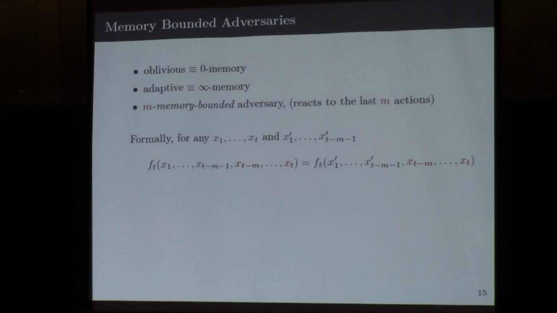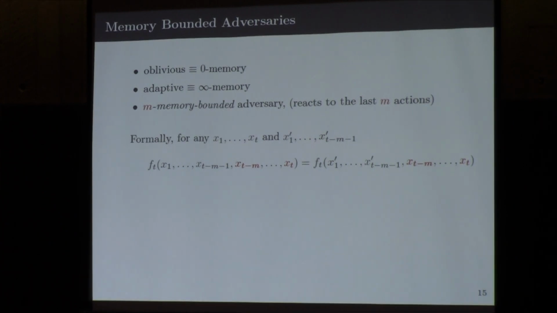Maybe decay. But bounded memory need not imply decay. I can always just remember the first action. So bounded memory allows the previous case. I just remember one case if X1 was 1. But you can think about something where your new adversarial action depends on something that decays.